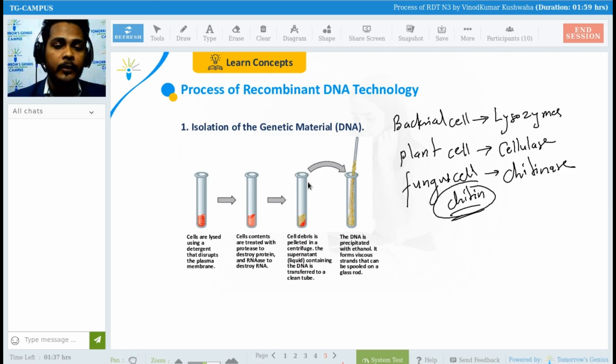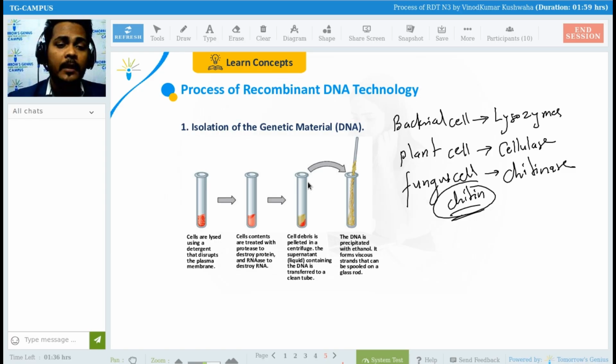Very good, right? So first of all you need to identify what type of cell this is, whether it is a bacterial cell, a plant cell or a fungal cell. Based on that you have to use the desired enzyme.